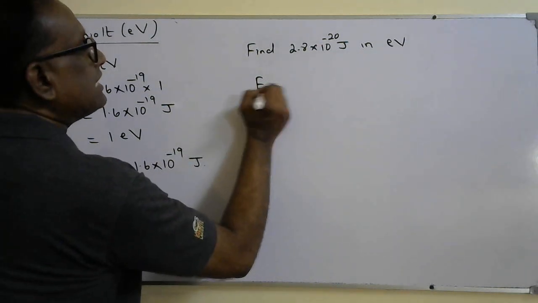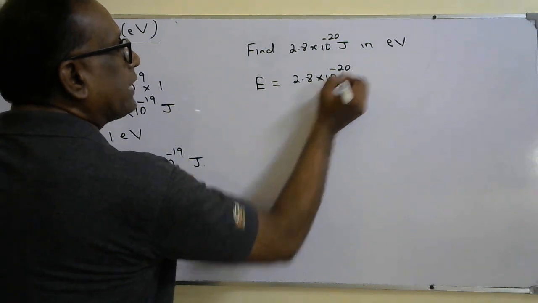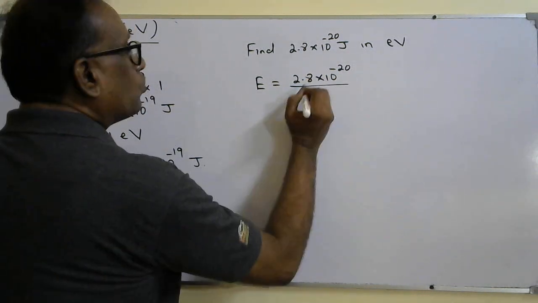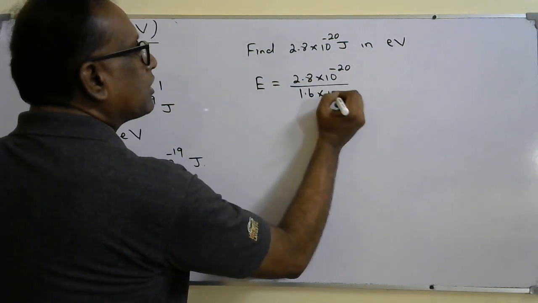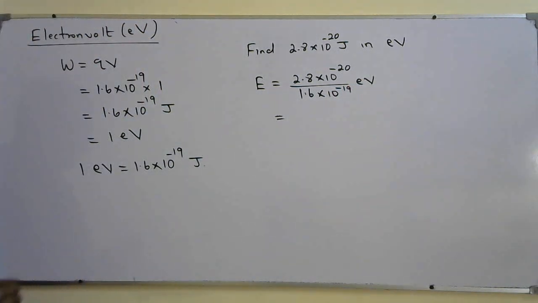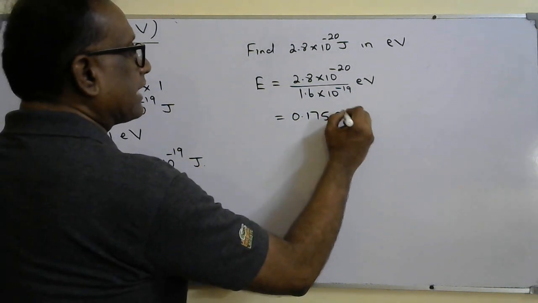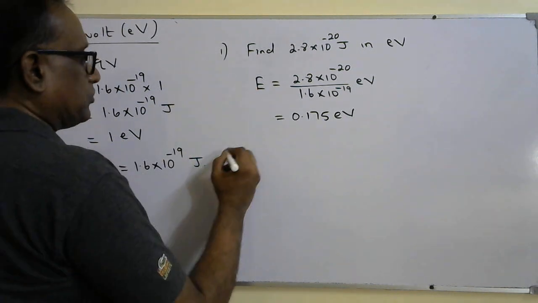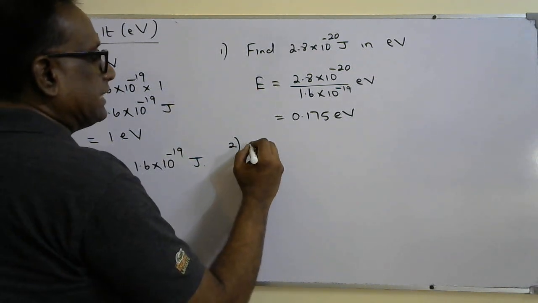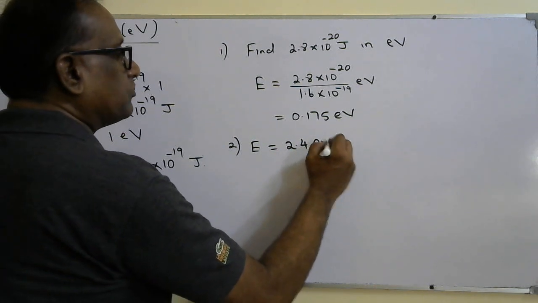So energy is equal to 2.8 into 10 to the power minus 20 divided by 1.6 into 10 to the power minus 19 electron volt. Solve it, you will get the answer in electron volt, 0.175 electron volt.